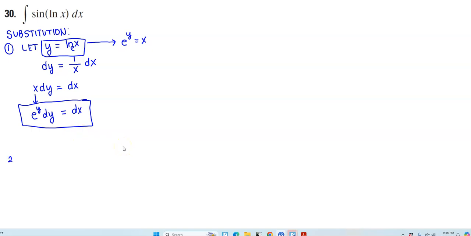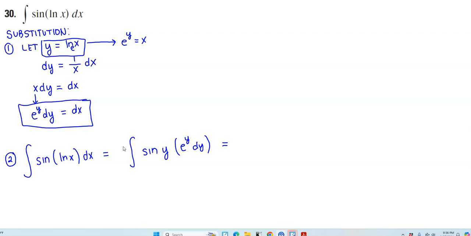So for step number 2, we're going to write out our integral, the sine of the natural log of x dx, with our substitution. So we know that we have the sine, and we know that the natural log of x is going to be y, and we know that dx is going to be e to the y dy.